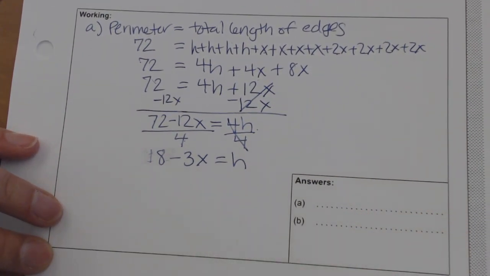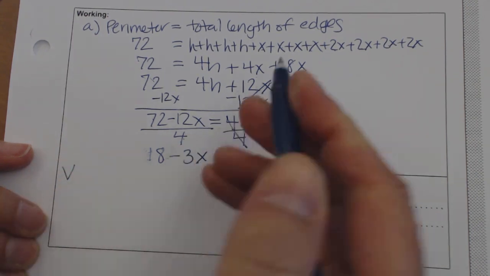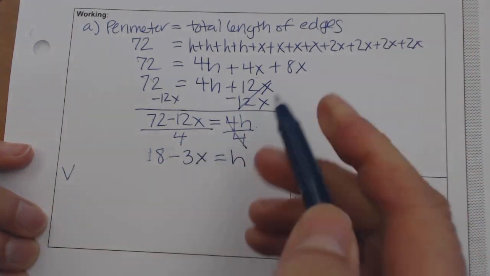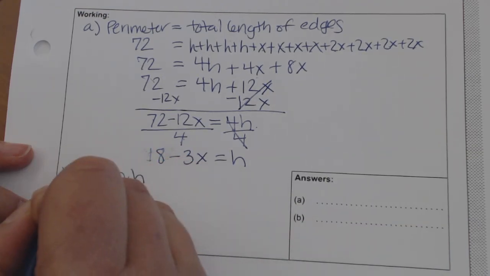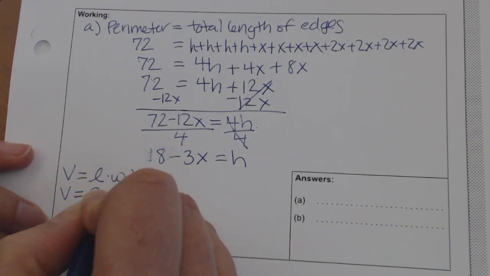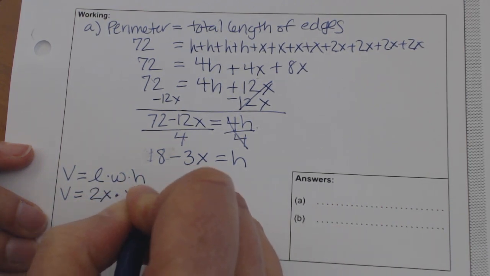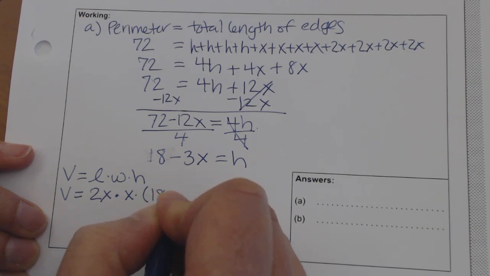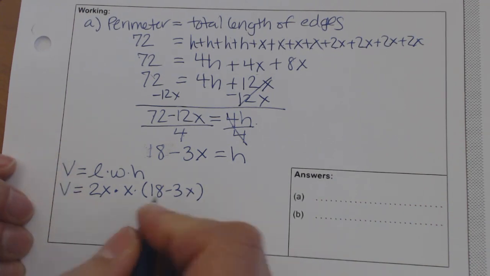So I'm going to find what our volume would be now using x for my height. So volume equals length times width times height. For our volume, our length was 2x, our width was x, and our height was 18 minus 3x. And I'm going to simplify this side of our equation.